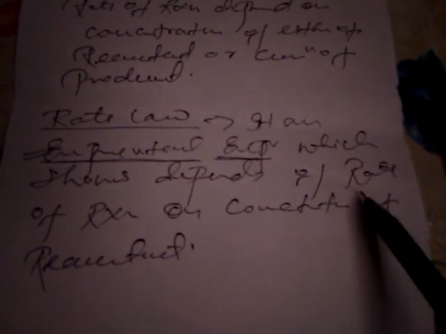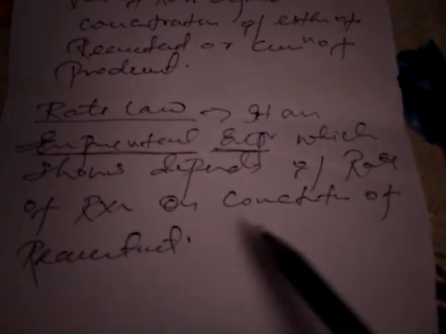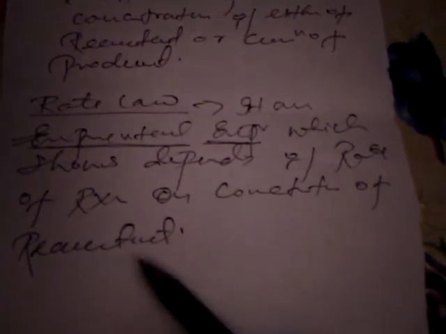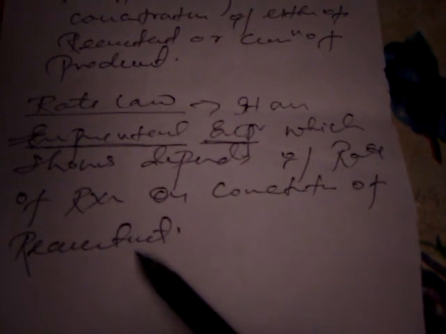So firstly, it is an experimental expression. This expression is derived experimentally, which shows how the rate of reaction is dependent upon the concentration of the reactants involved in the reaction.